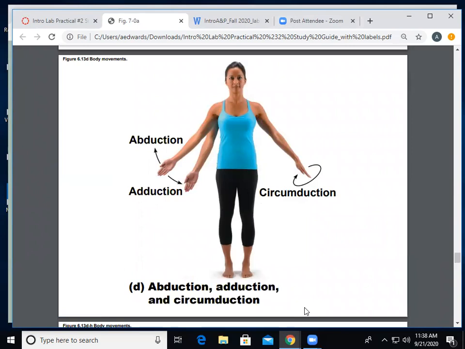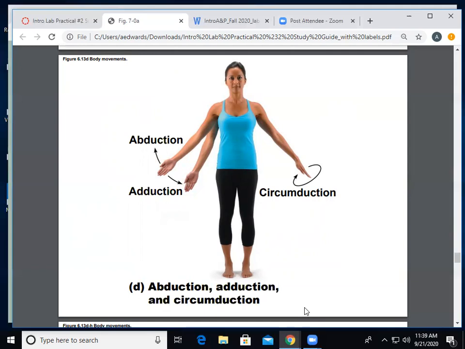You can also describe joints in terms of moving along the plane of your body, in the frontal plane. If this is normal anatomical position, this is increasing the angle between your leg and your hand. That's abducting. This is abduction.